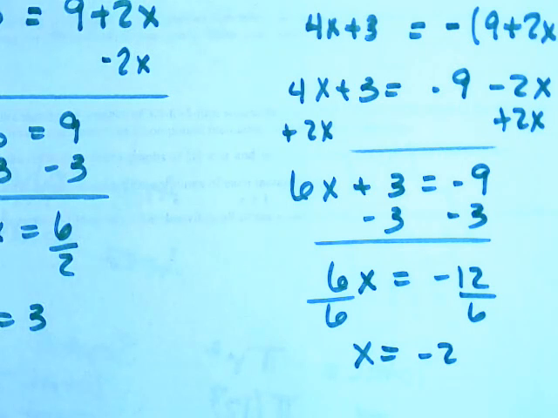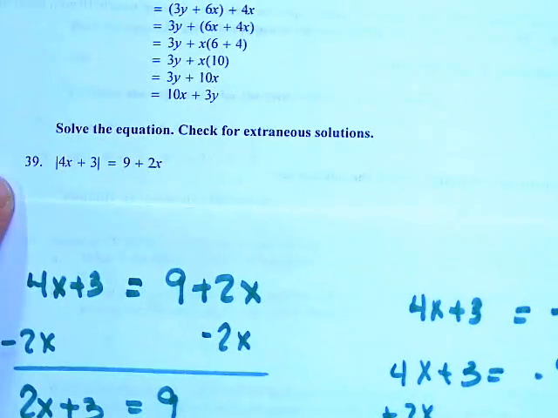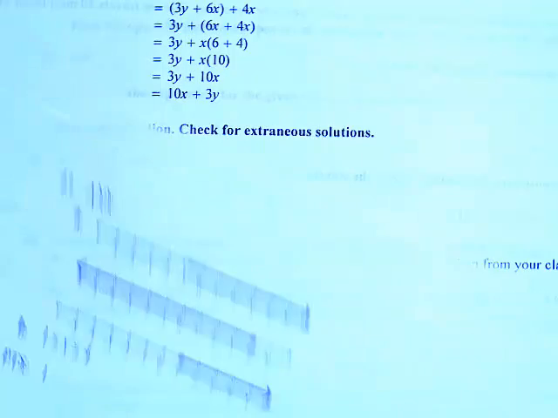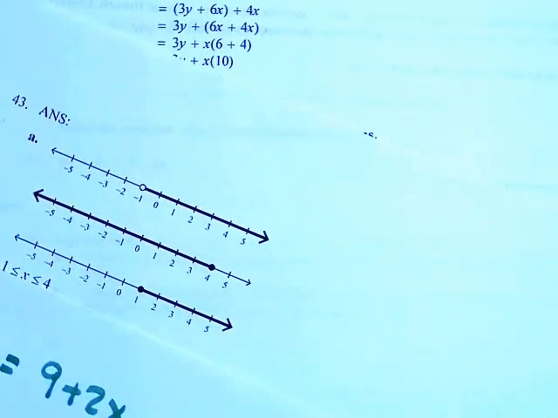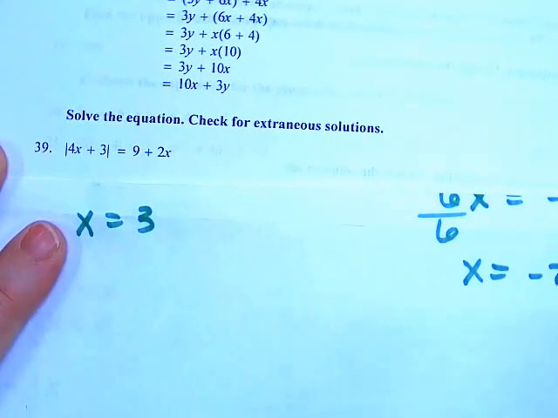Now, I have to check for extraneous roots, so I've got to plug these in and see if they actually work. So I'm going to try 3 in this original problem. I'm going to test out the 3.